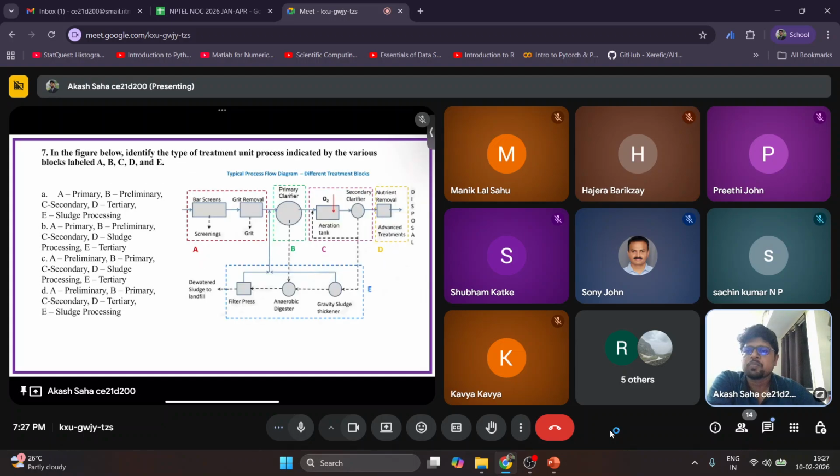Next one. In the figure below, identify the type of treatment unit process indicated by the various blocks labeled A, B, C, D and E. So you have to tell me what these blocks denote. Please try to answer which of them is correct.